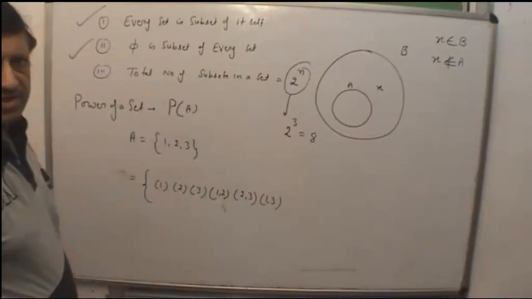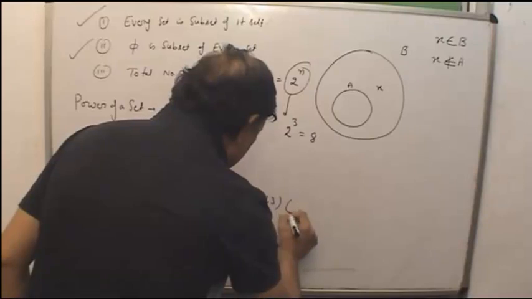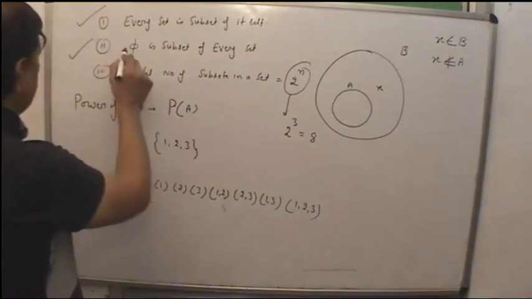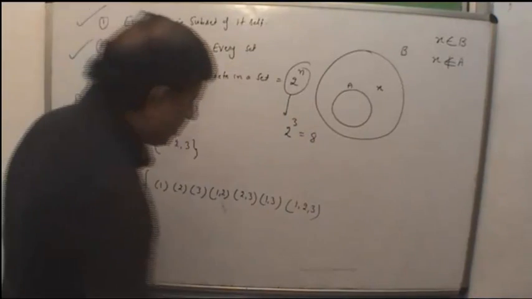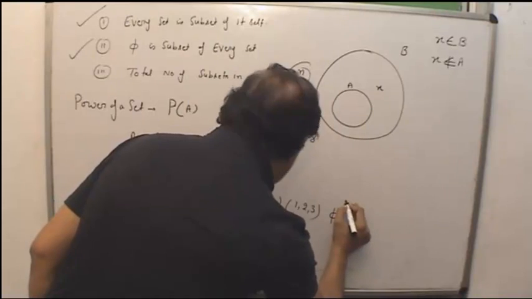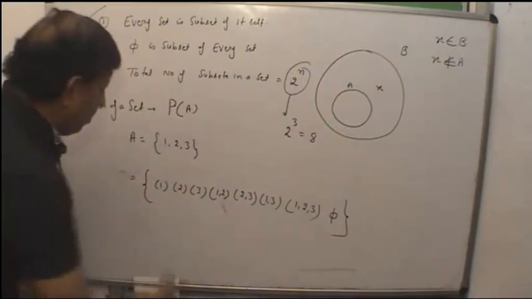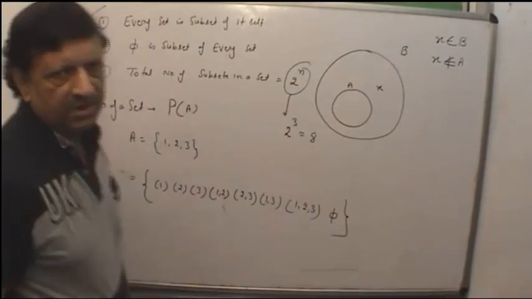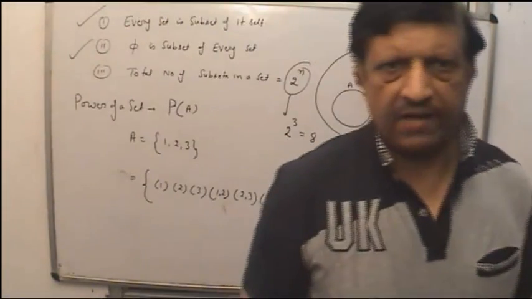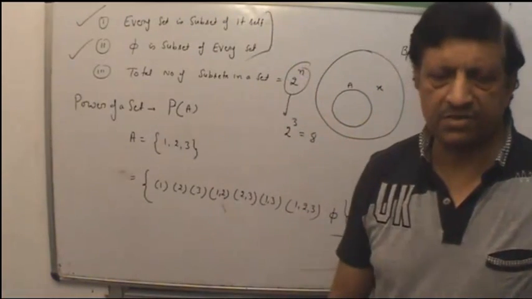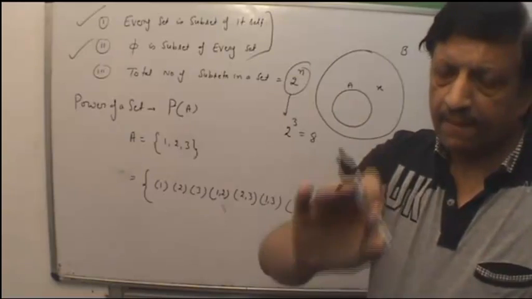First, every set is a subset of itself. So we write {1, 2, 3}. Second, phi, it is a subset of every set. We can write it in this way or in brackets, that's the same thing. Now we count 1, 2, 3, 4, 5, 6, 7, 8. These sets are complete. Every time we consider these 2 sets in every set as subsets.